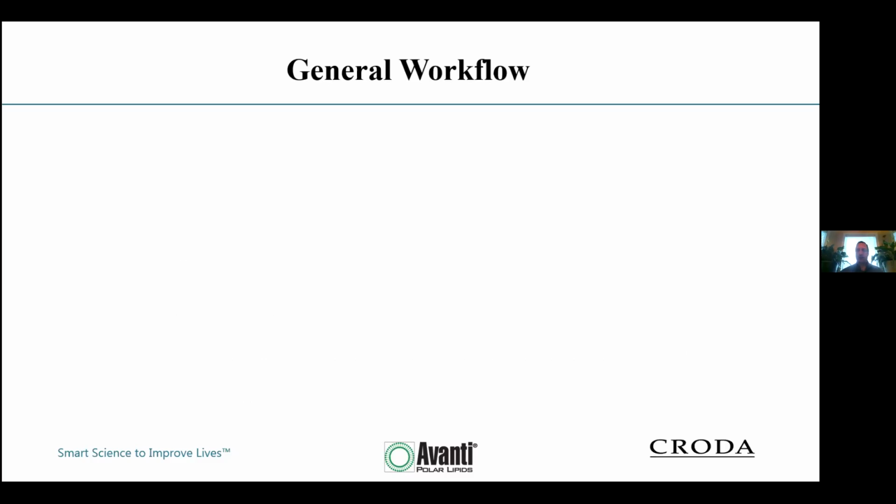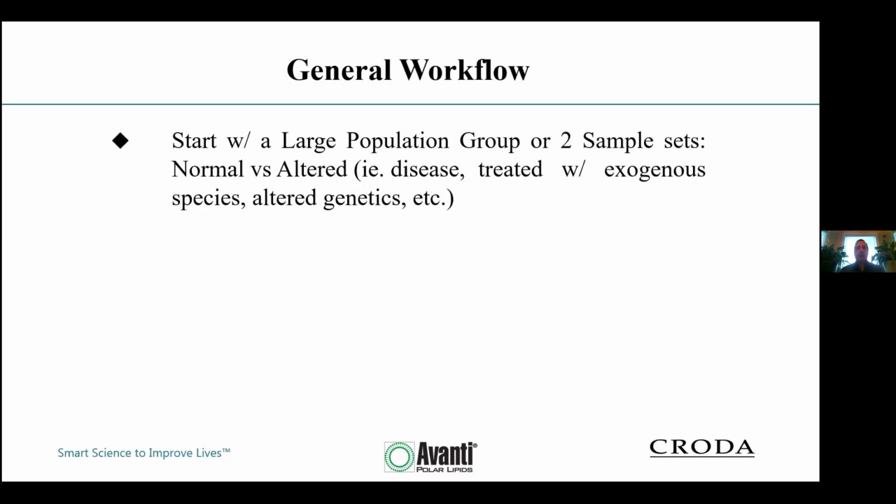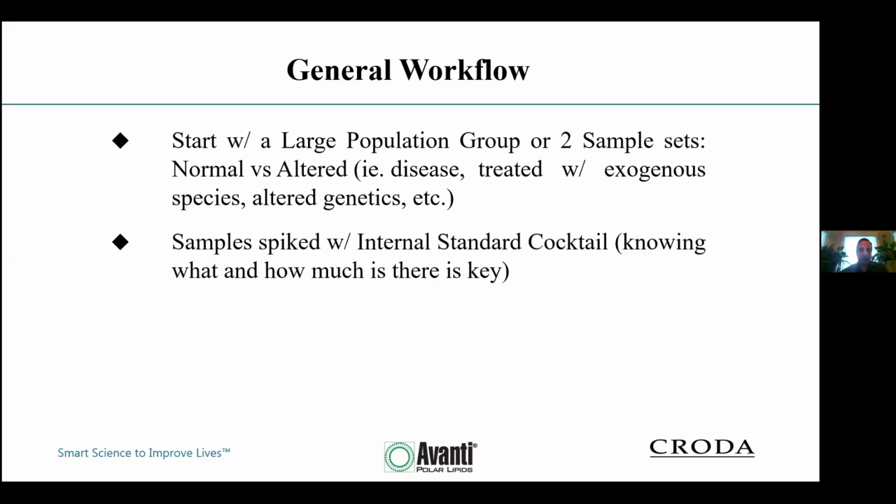And so as Gerhard alluded to earlier, the general workflow starts either with a large population group or two sample sets, say a normal versus an altered. This could be a disease state, this could be treated with an endogenous drug, or it could be a knockout mouse, something that's going to affect the lipids that are in a particular cell or tissue.